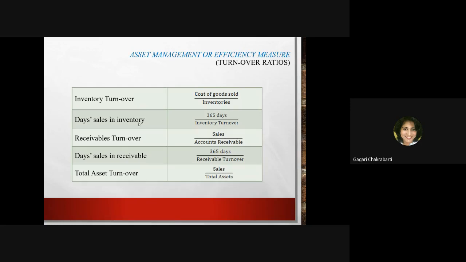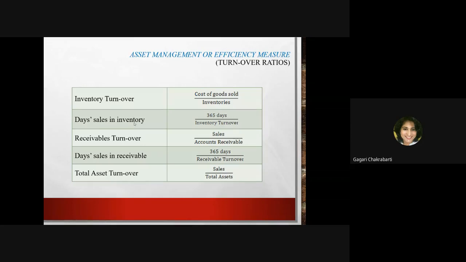Next, which is based on the inventory turnover also, is another measure which is the days sales in inventory. It will give you some idea about the days that will be spent on the inventories before they are converted into the finished goods.